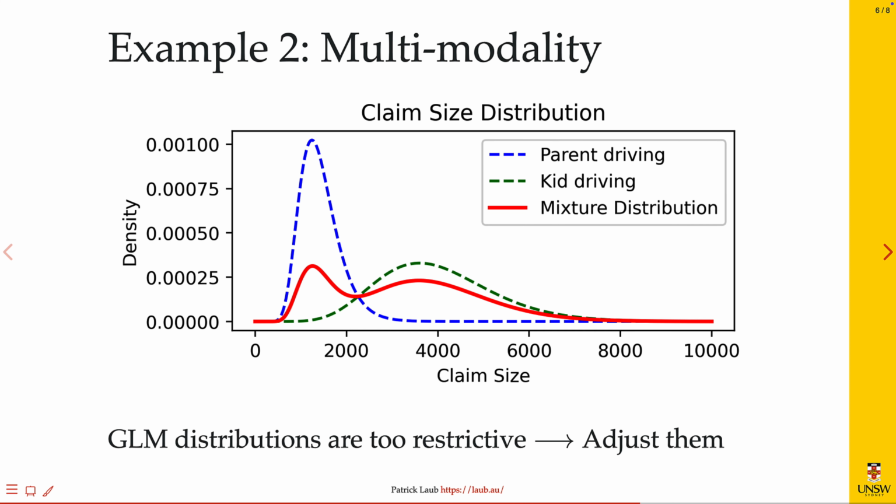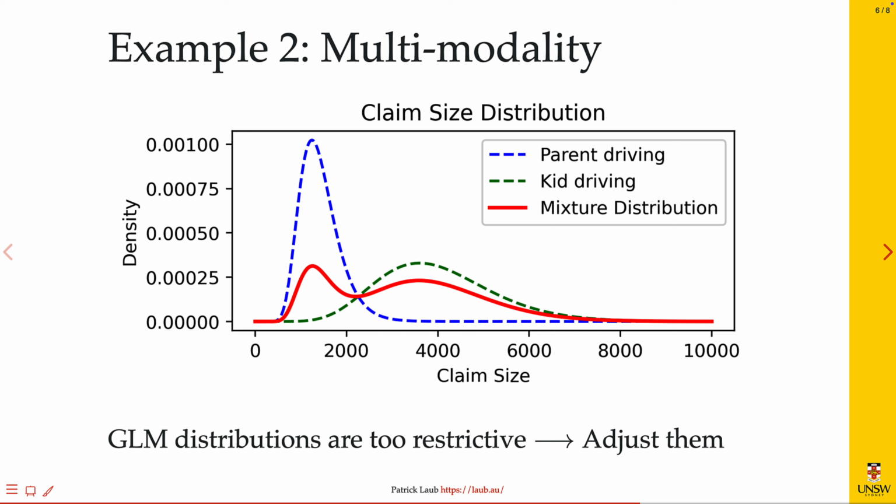Another example, focusing on why the output distribution can be too simple, is multimodality. This is, say, one specific car's risk profile, where in that household there's a parent and a kid, both share the car, and they have different risk profiles themselves.